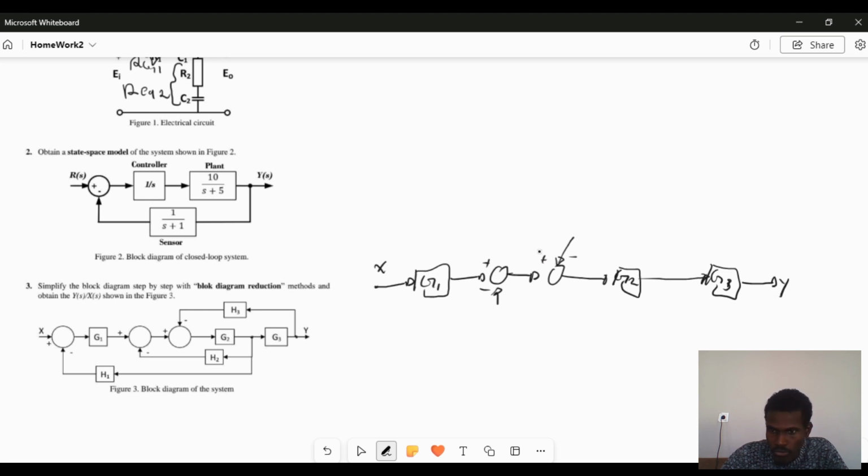So instead of here, we are going to take it from here. As we take it from here, we should multiply H3 with G3, and as we have already H2 to here, and we have H1 to here.